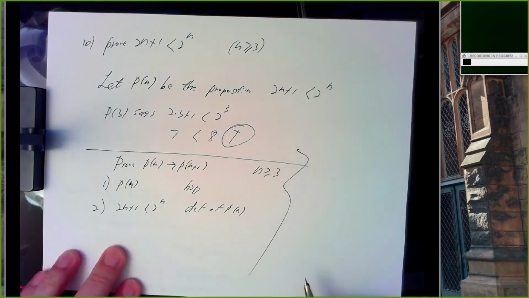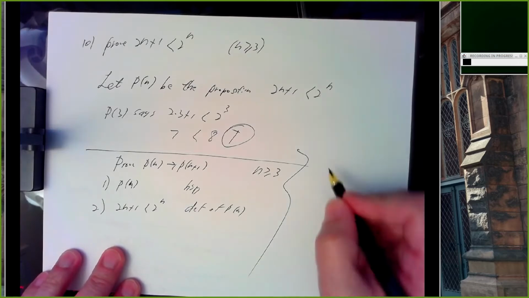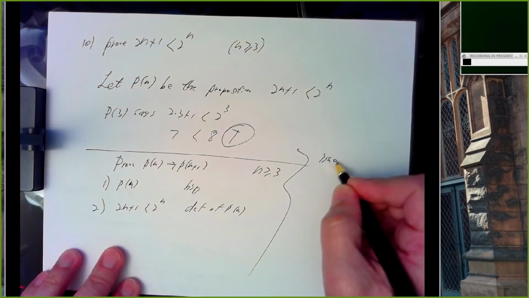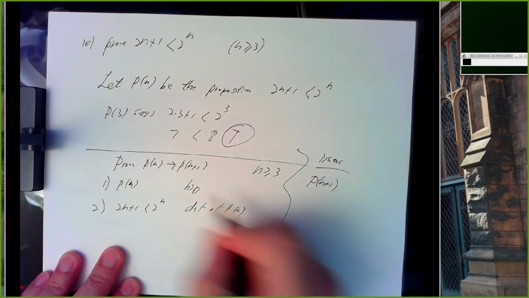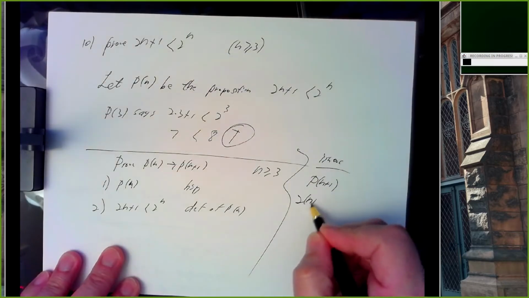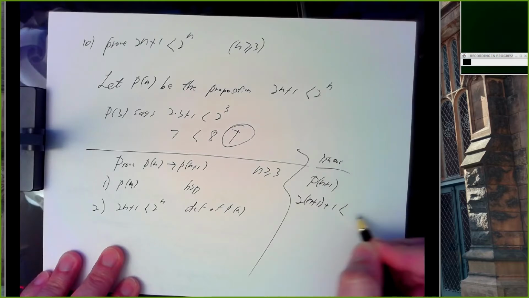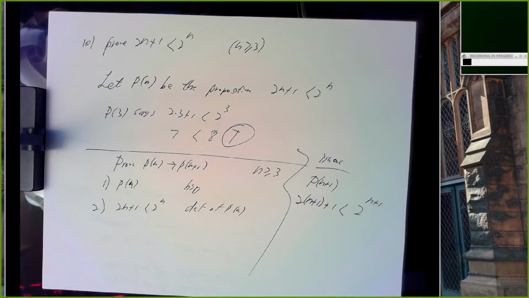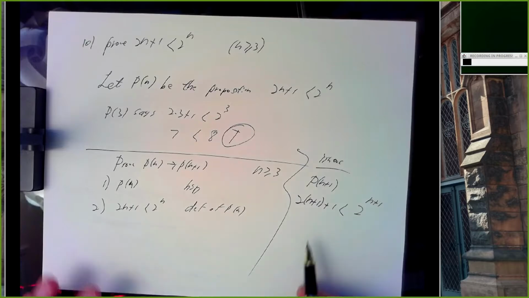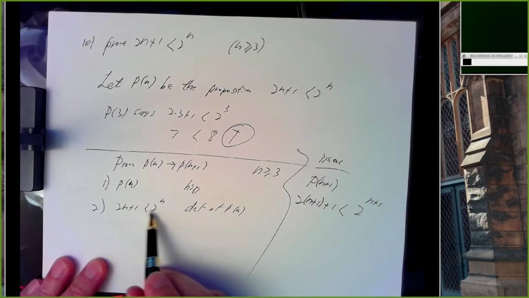And in my mental scratch sheet over here, my ignore section, I'm trying to show P of n plus 1, which means I'm trying to show 2 times n plus 1 is less than 2 to the n plus 1. So any ideas how we might show this from that?